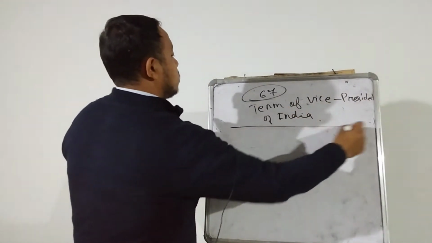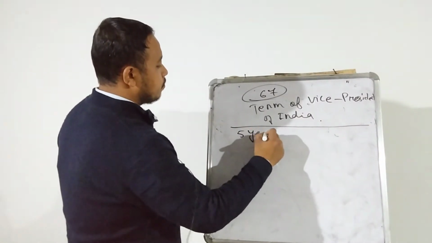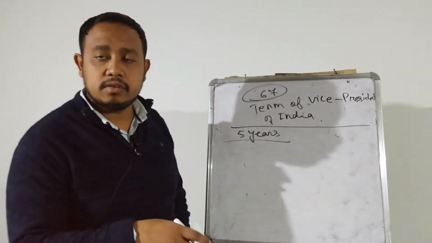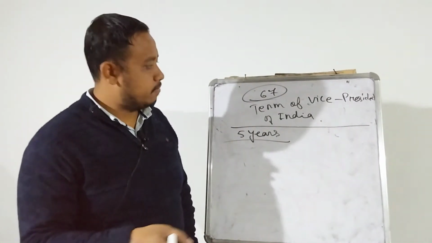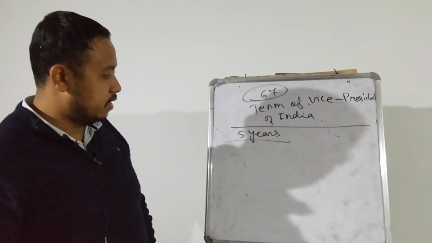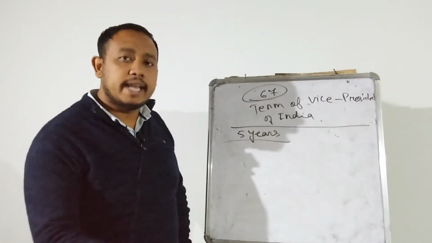A Vice President is elected for 5 years. He can be elected again, as there is no limit for the election of the Vice President of India. After 5 years, he can be elected again.